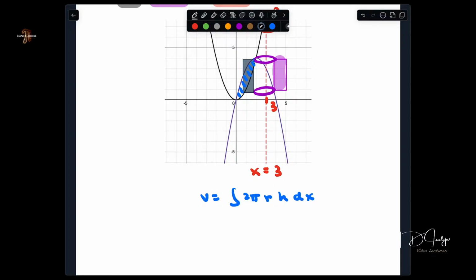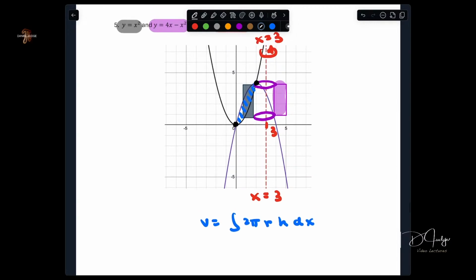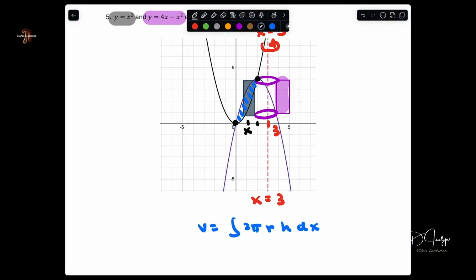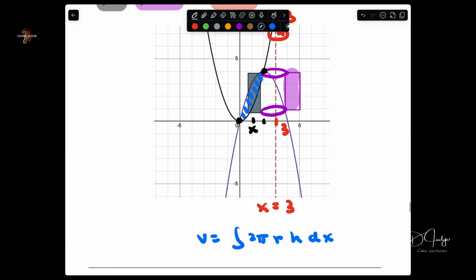Okay, so I want to remark about two things. We need to know what this radius is going to be. So this is a value of x between these two numbers over here in black. We just don't know what they are.